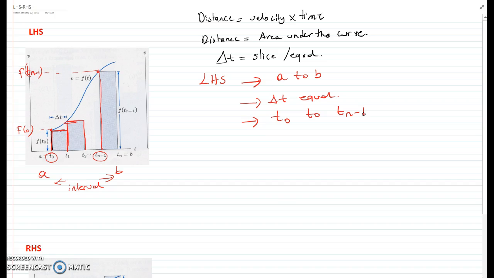And what do we obtain as a sum? That's what we need to write down here. Total distance traveled, or area under the curve, with this approximation will be f of t0 times delta t, because each of these intervals is delta t wide, plus f of t1 times delta t.